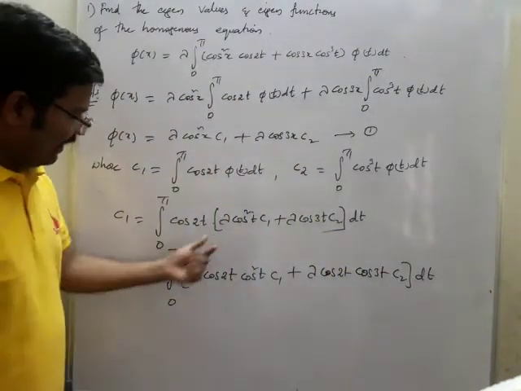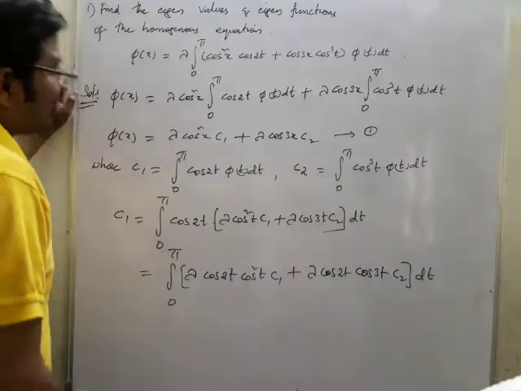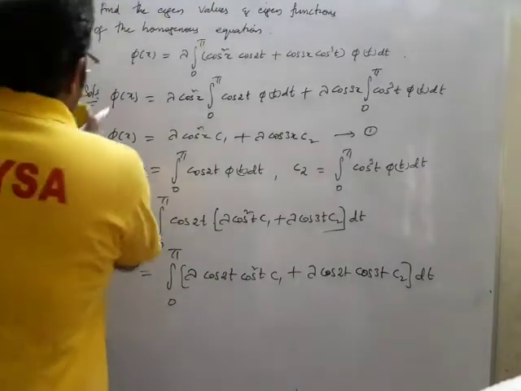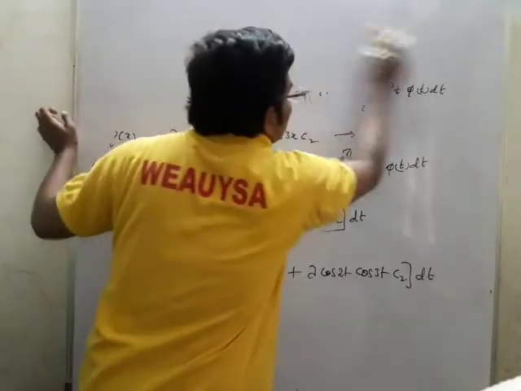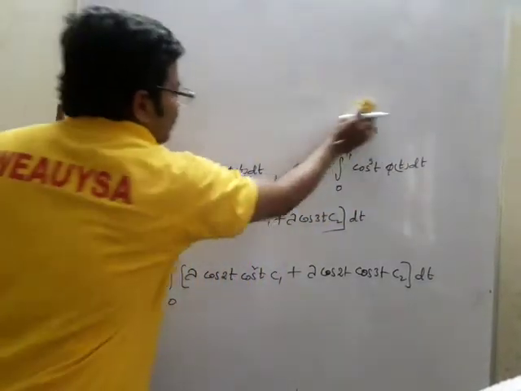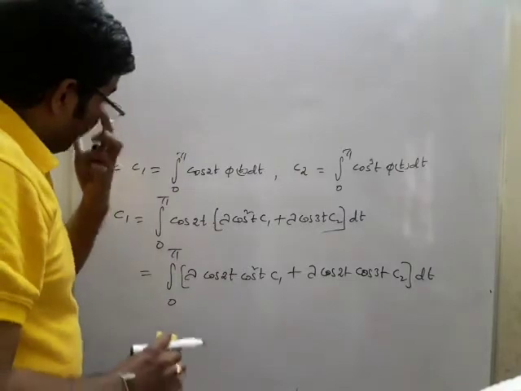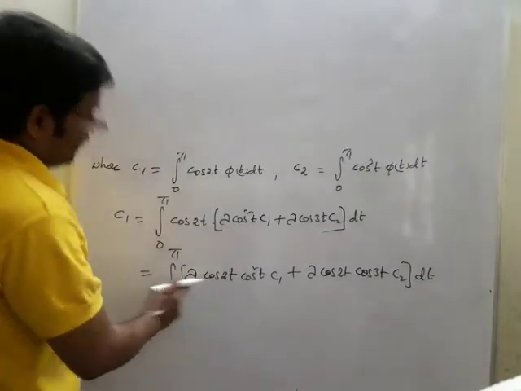Just simply I have multiplied cos 2t inside. Then we'll take it in this form.